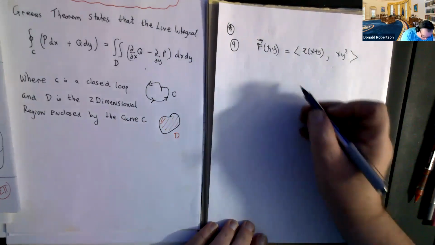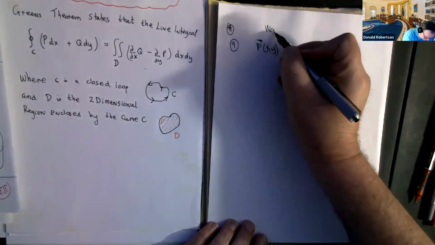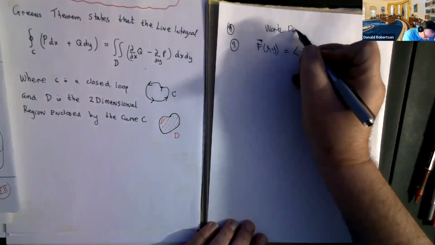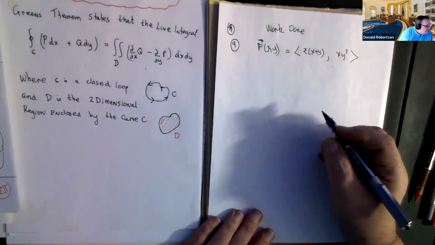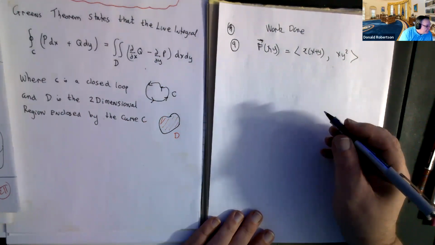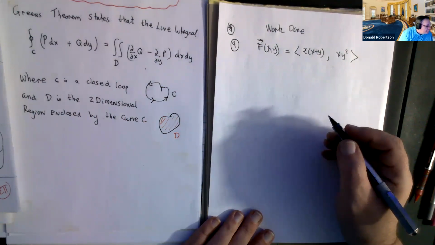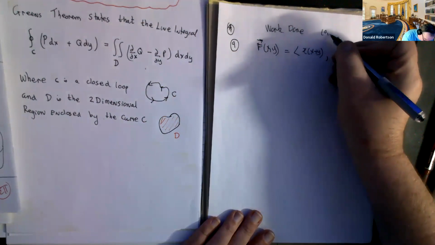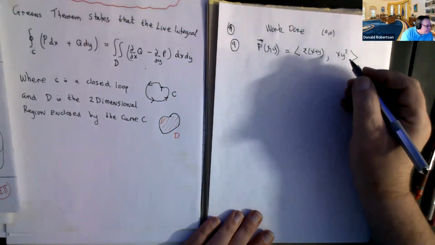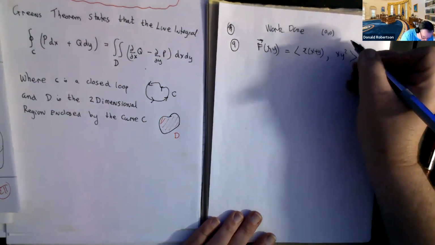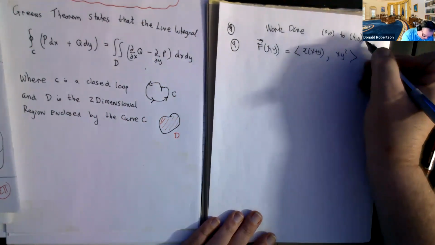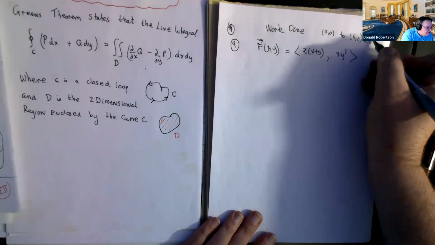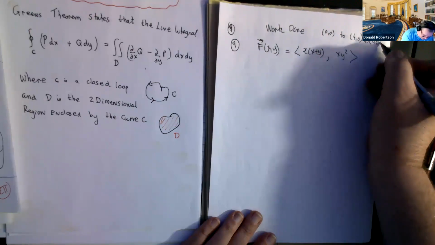And you're going to find the work done in moving the particle from the origin to the point 4, 0, to the point 0, 4, and then back to the origin.